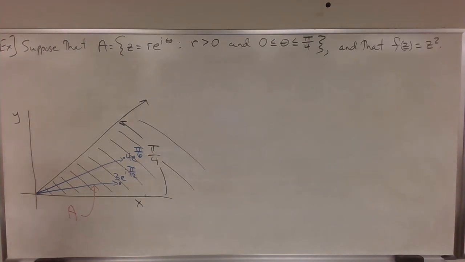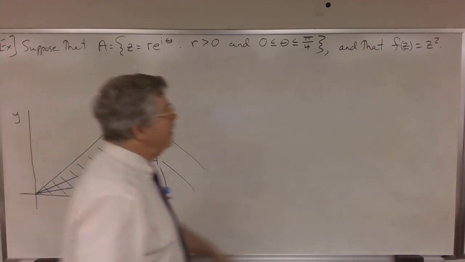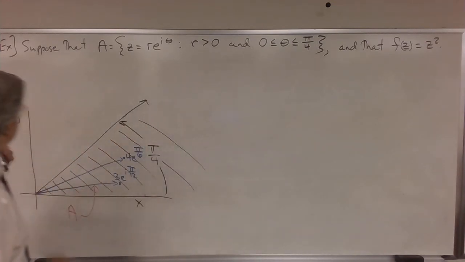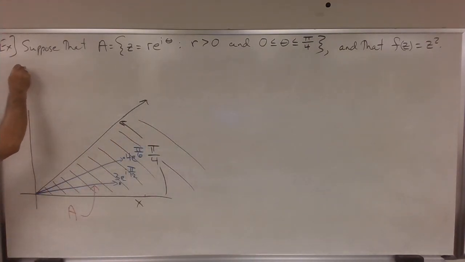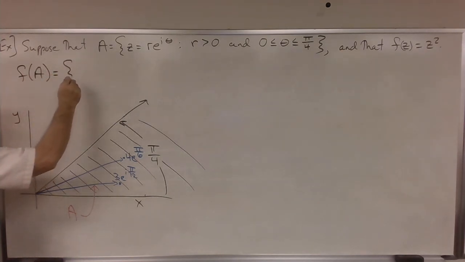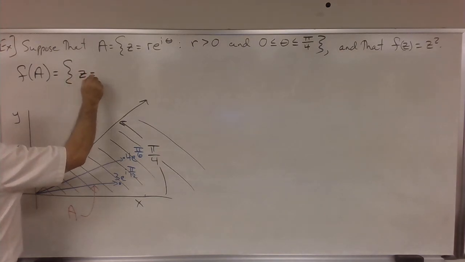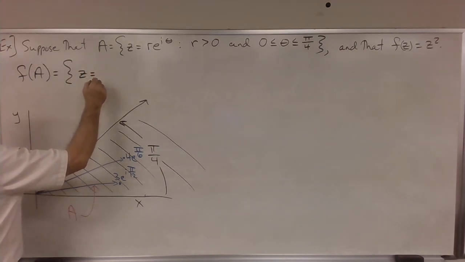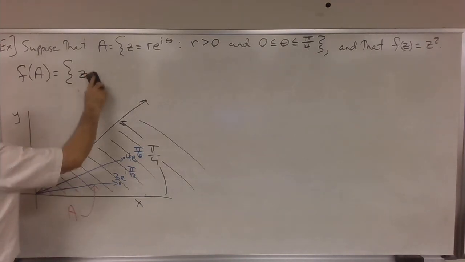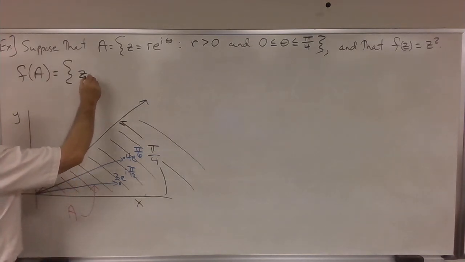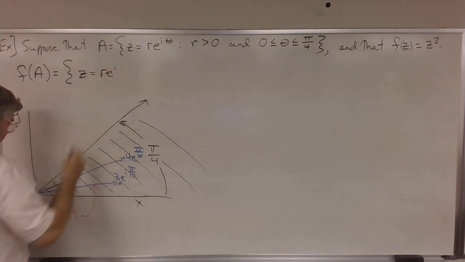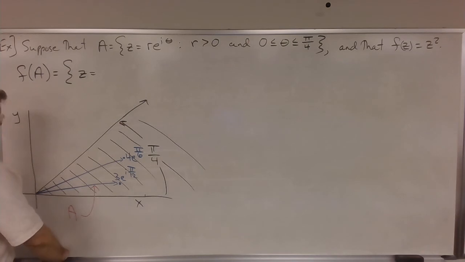Now let's consider what the image of A is under this function f of z. So the image of A, f of A, is the set of all z equals... let's see.